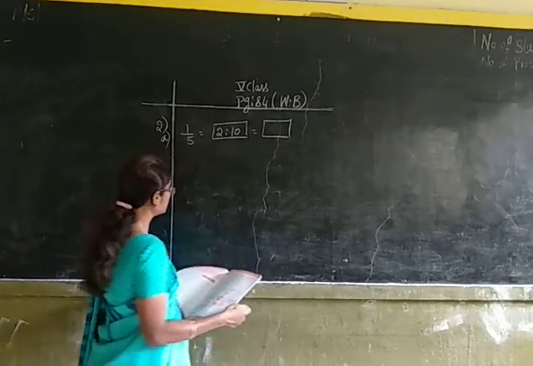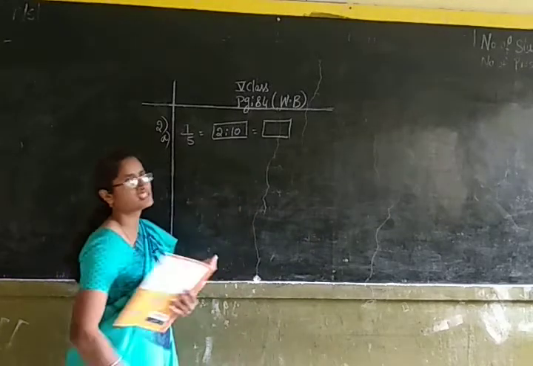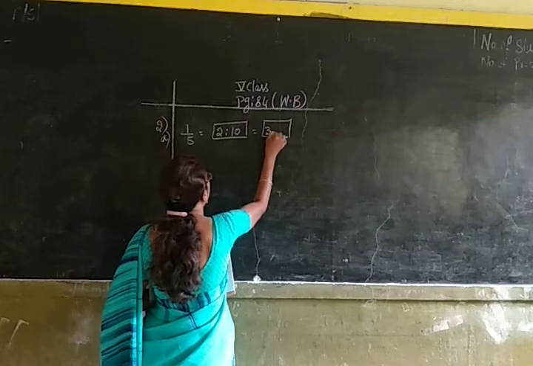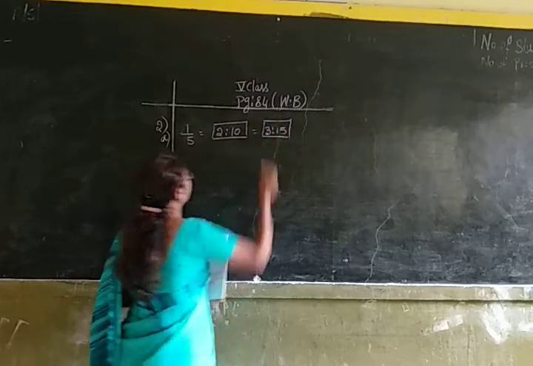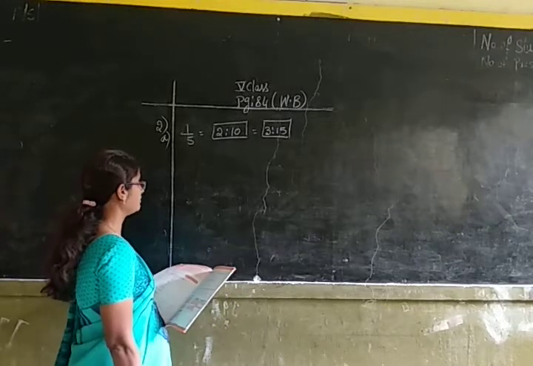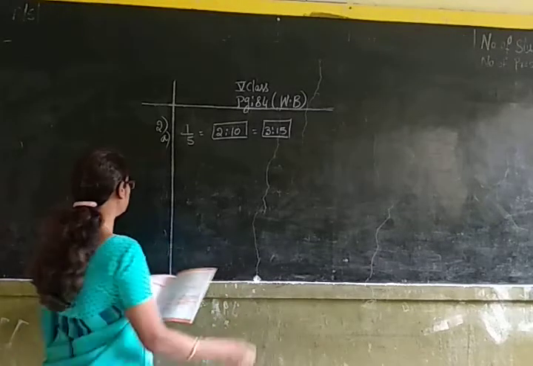For writing the next equivalent ratio, let us multiply 1 by 5 with 3. 1 3s are 3, 3 5s are 15. So the equivalent ratios for 1 by 5 are 2 is to 10, 3 is to 15.